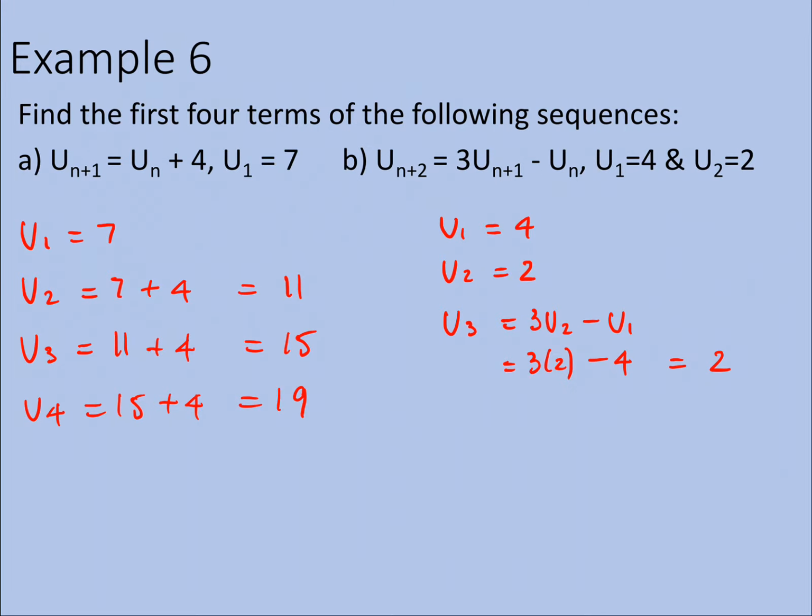Let's see if we can find u4 as well. Here we go. So that'll be 3 lots of u3 minus u2. So that will be 3 lots of 2 minus 2. So 6 minus 2, which is 4.